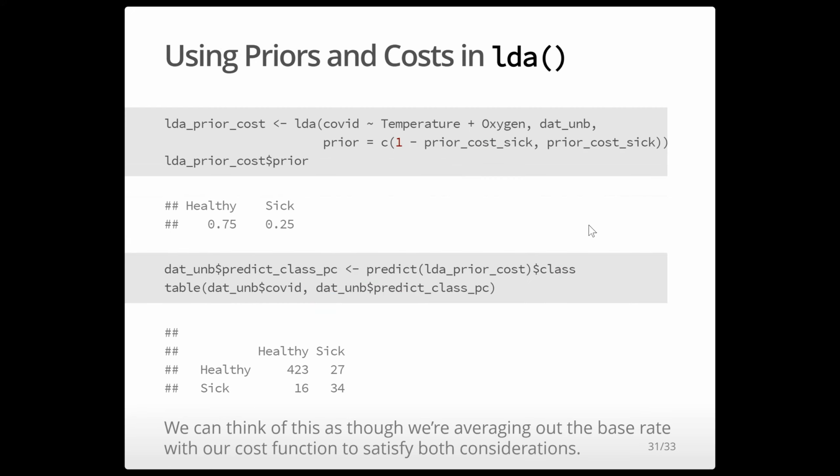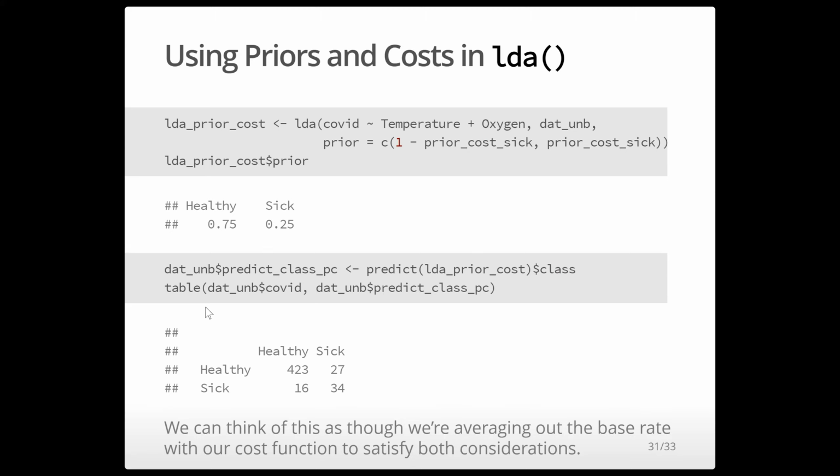Then I'm going to enter, once again, the probability for group 1, which is 1 minus the prior plus cost for sick, and then the prior plus cost for sick. So that's my new prior. And then I do my classification. Essentially what we're saying here is that we're willing to make a few more errors to be a little more conservative about false negatives, and at the same time we're making sure to consider our actual base rate.